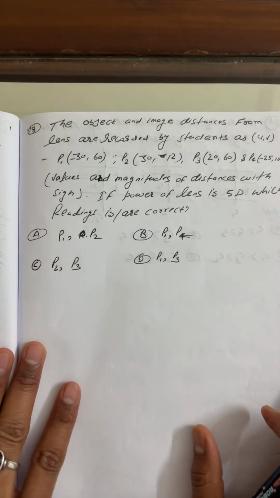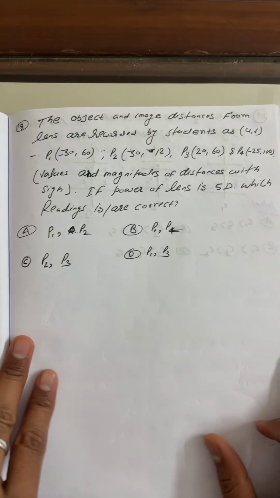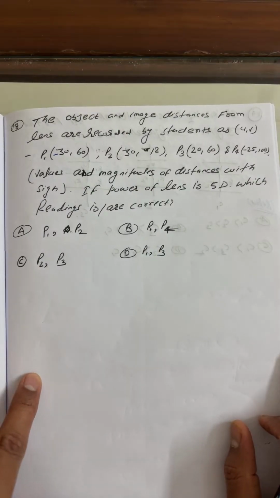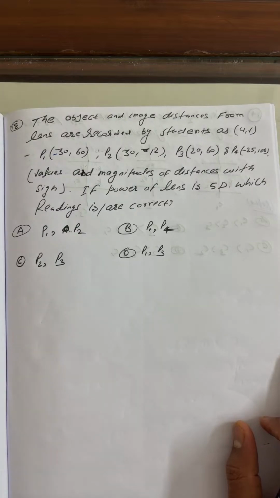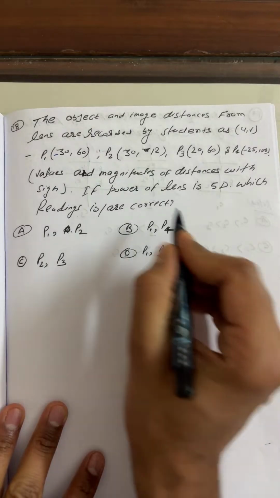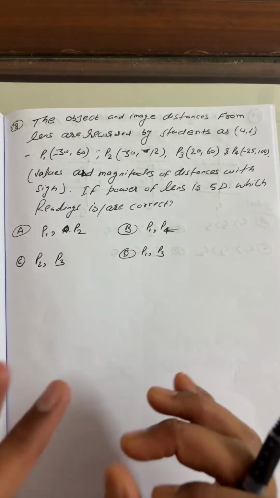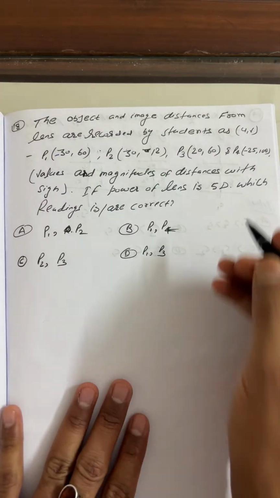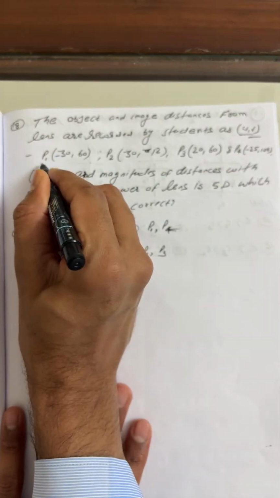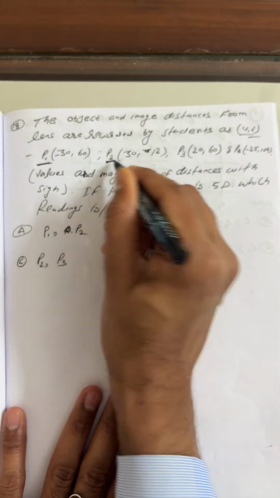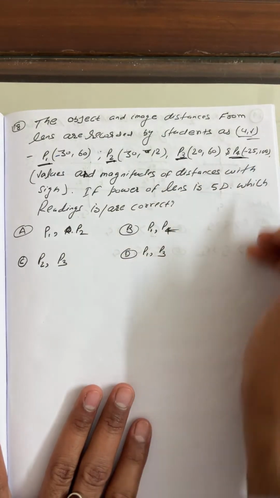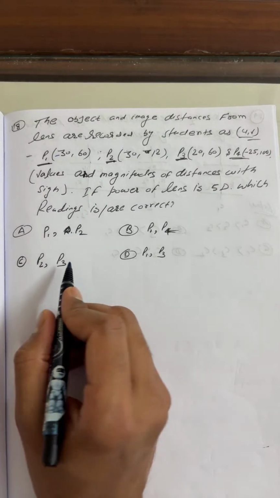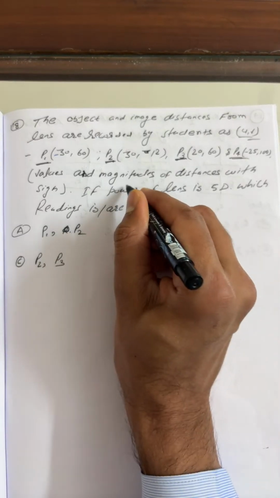Now, students, have a look at the next question. Question number 18. What does the question say? The object and image distances from a lens are recorded by students as U and V. This is an experiment done by students, performing the experiment in the form of U and V. They noted a few data points P1, P2, P3 and P4.